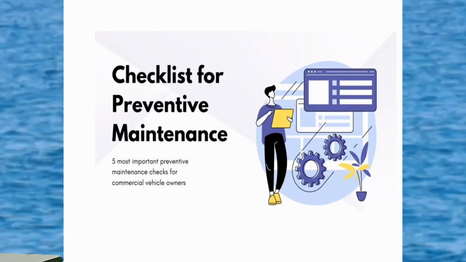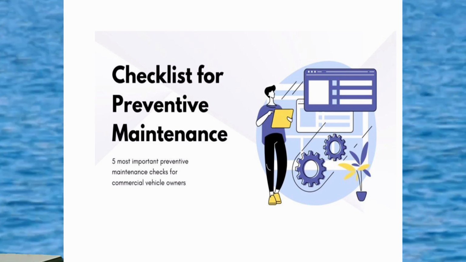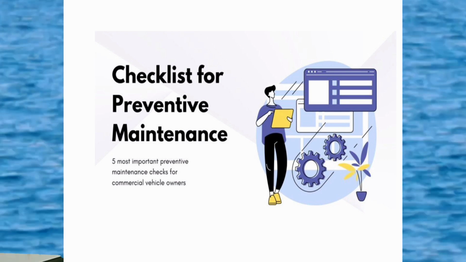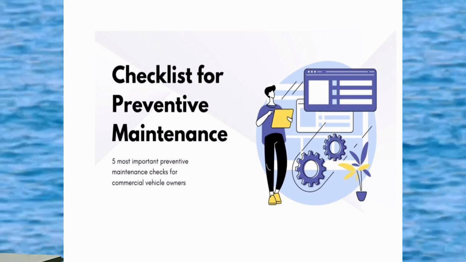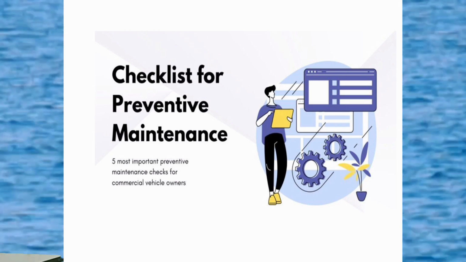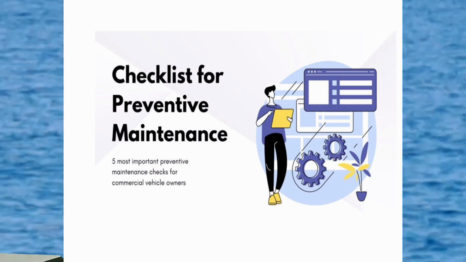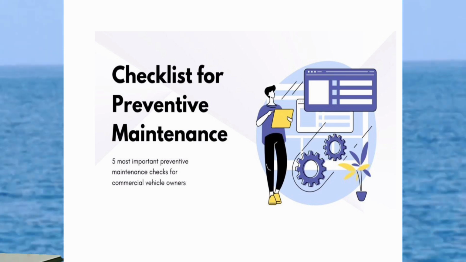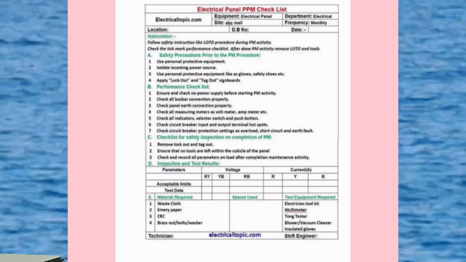And the fourth one is checklist activities. Checklist activities are very useful for the technician who is going to execute the planned preventive maintenance work, because in the work order form, the work order number is there, the place where the equipment is located, and other relevant information are mentioned.